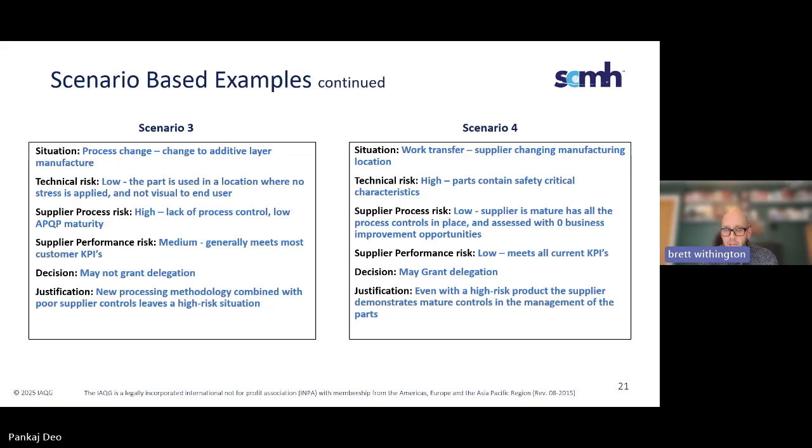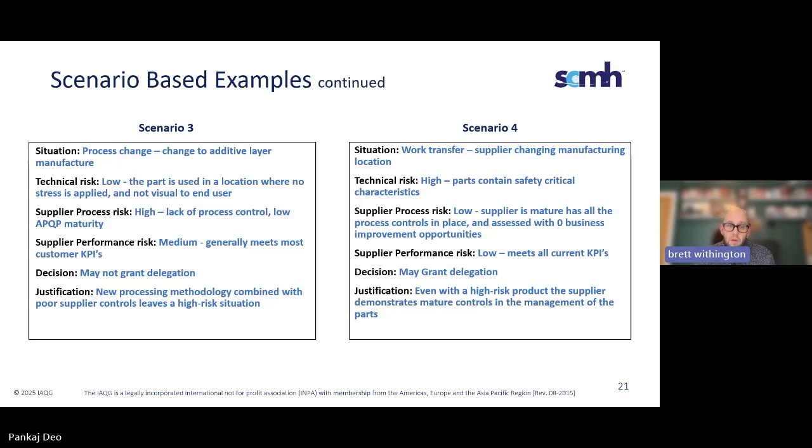So the decision may be not to grant the delegation, even though the product risk is low, because the behaviours at the supplier and their performance are not where we need them to be. From our initial justification, the process methodology combined with poor supply controls leaves the customer in a higher risk situation.